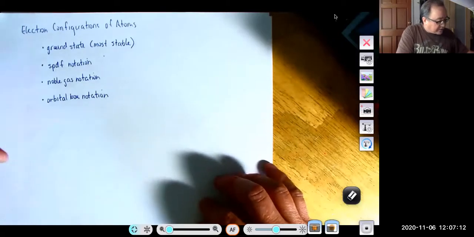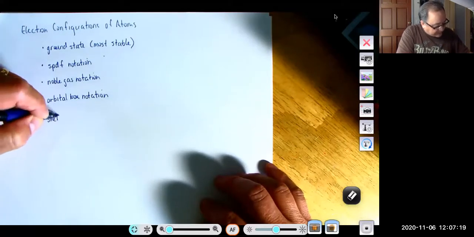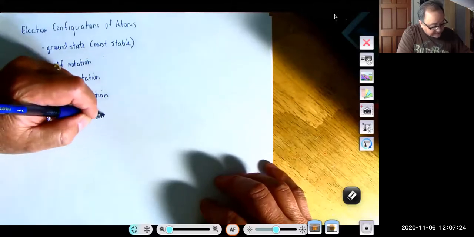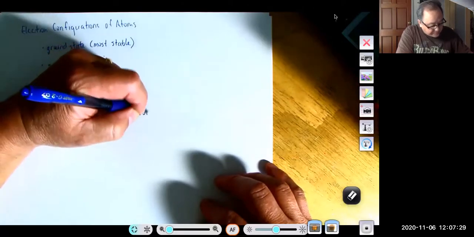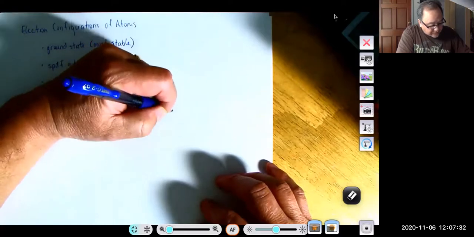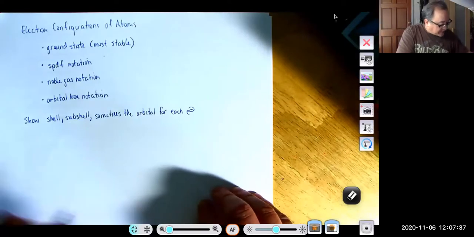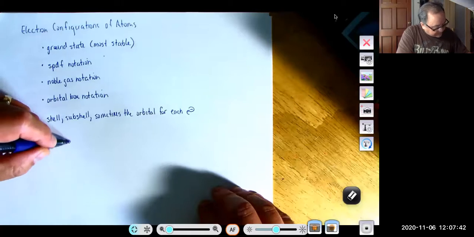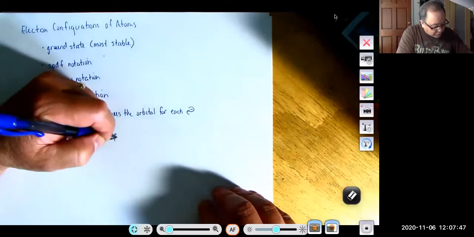Now, for the electron configuration of atoms, we want to show the shell, subshell, and sometimes the orbital for each electron. We're also going to follow something called the Aufbau principle, which is the filling order.